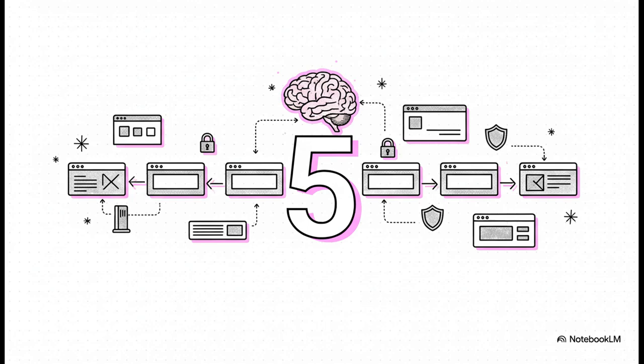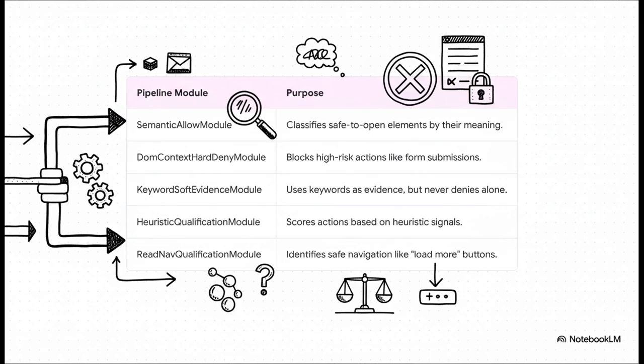It's the smart decision maker that looks at every possible action before it happens and asks, hey, is this actually a good idea? This pipeline analyzes every single potential click. So, for example, if it sees a Learn More button, the semantic module goes, yep, this is probably safe. But if it sees a Delete Account button, the context module immediately flags it as high risk. It even weighs evidence from keywords and uses all these heuristics to score just how safe an action is. It's a really deep analytical approach to safety that leaves nothing to chance.